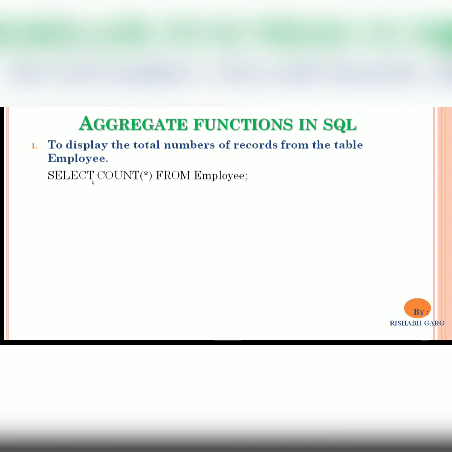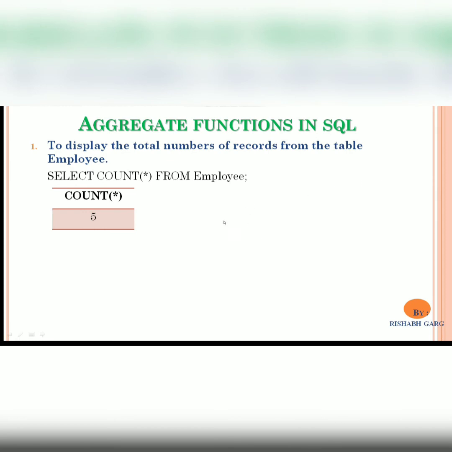After that, we will write the star because we want to count the total number of records from the table employee. Then after, we will use the from keyword. Then after, we will write the table name, that is employee. And at last, we will use the semicolon for terminating our command.